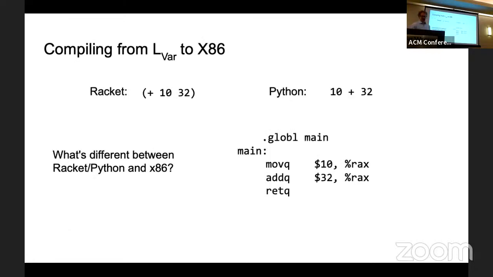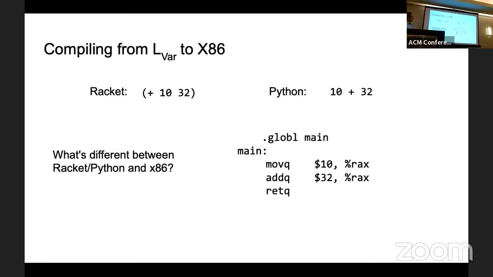Okay, so oftentimes we just start staring at these input programs versus output programs and brainstorming. Well, what's the difference between x86 and the input language? I probably should have had a slightly more complicated input program, so you could imagine bigger expressions, lots of sub-expressions, with explicitness about locations.